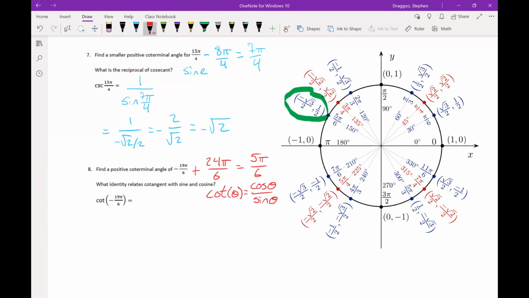So the cotangent of negative 19 pi over 6 is going to be equal to the cosine of 5 pi over 6 divided by the sine of 5 pi over 6. Which means that we want negative root 3 over 2 divided by 1/2. And that simplifies to negative square root of 3.